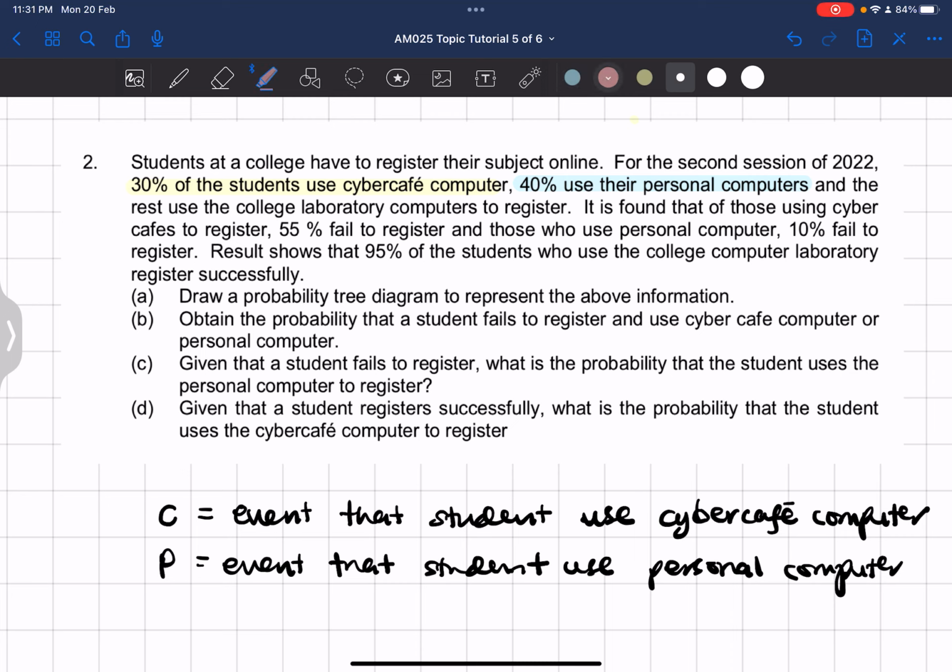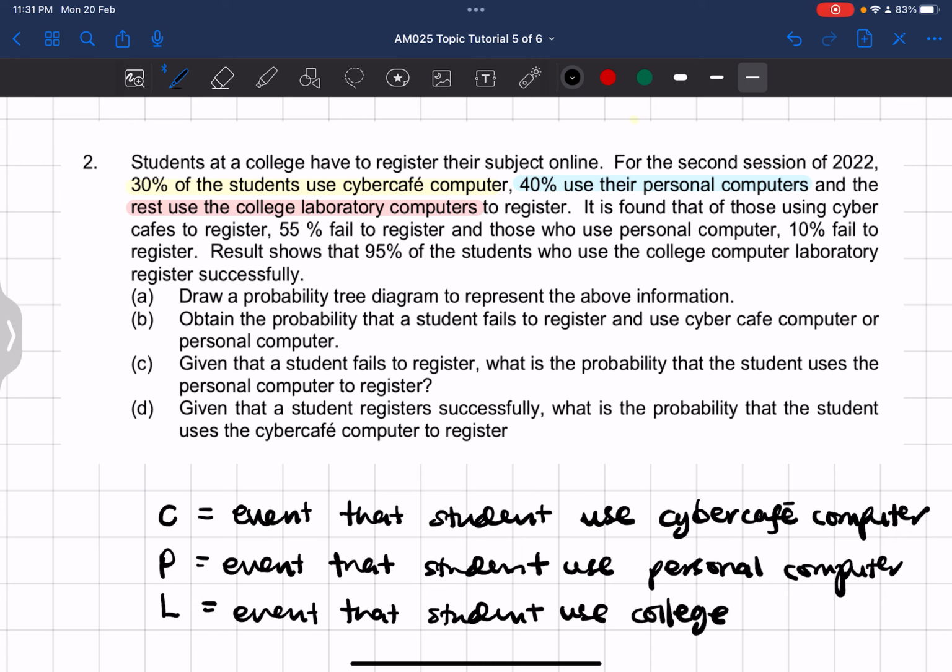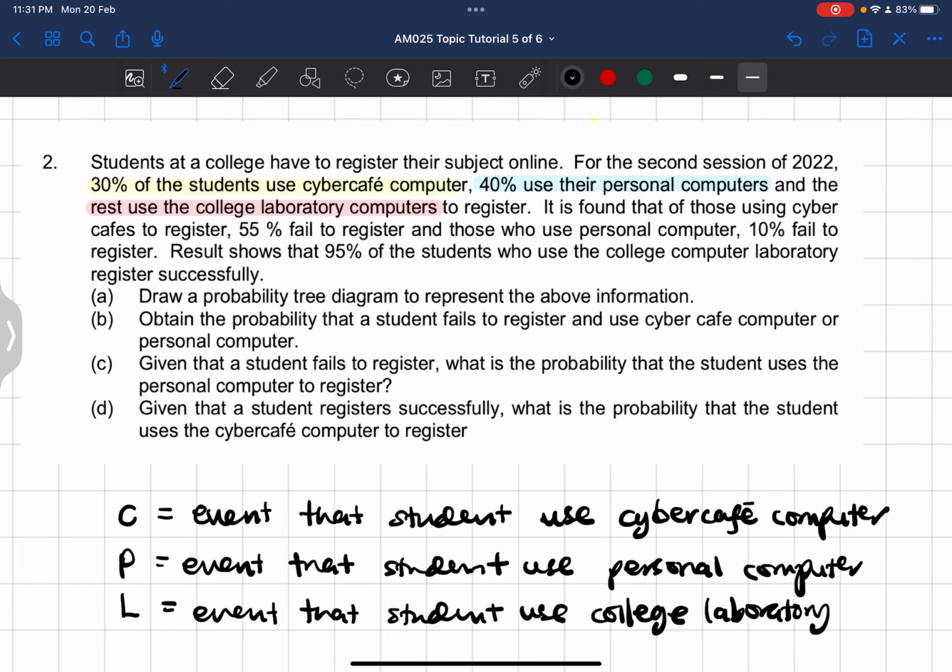The third event is the rest use the college laboratory computers to register. So let's denote with L the event that a student uses a college laboratory computer.